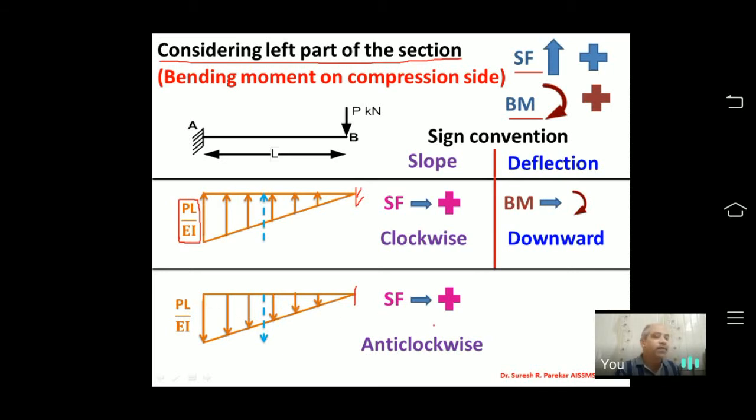That means I have shear force as clockwise. For bending moment, I had clockwise positive, but here I get anti-clockwise bending moment. So I will get deflection actually downward. This is not upward.